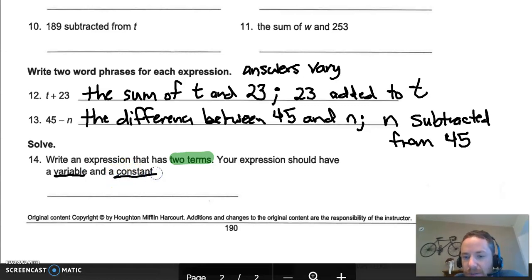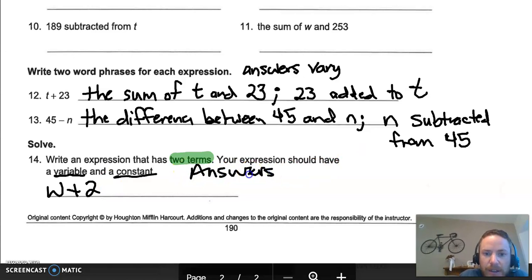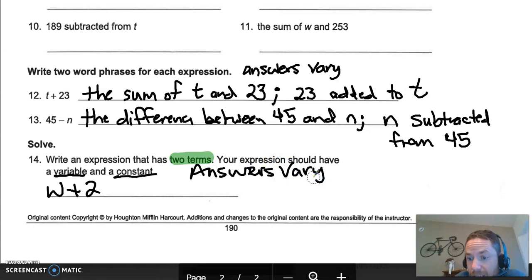And that is a really fancy way of saying write anything we did on this page. For example, we did w plus 253. I need to write over here, answers vary. There are a million unlimited answers here. But anything we did on this page would count, as long as it has a variable and a constant.